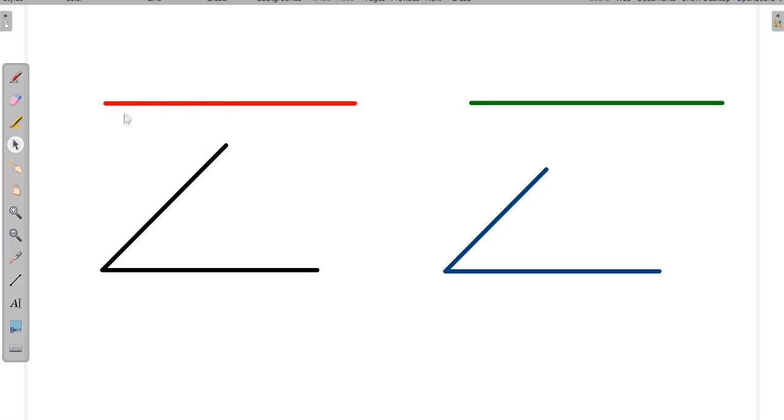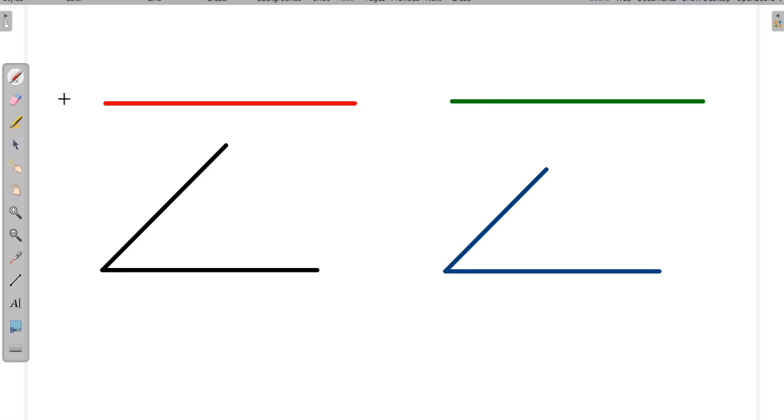Now here in the first figure there are two lines. Can we say that these two lines are congruent? Yes, these two lines are congruent, because they have the same length; if I superimpose them, they have the same length. So these two lines are congruent to each other.